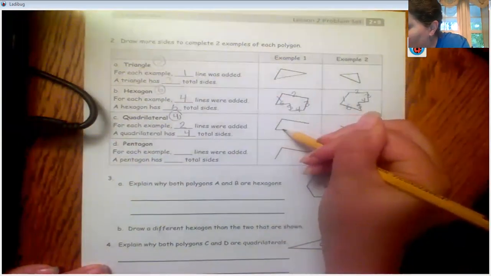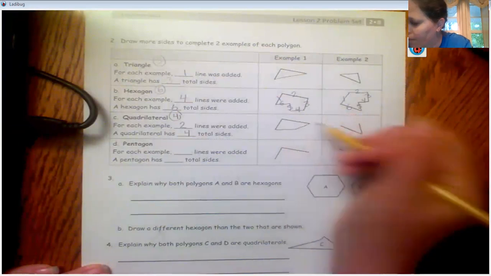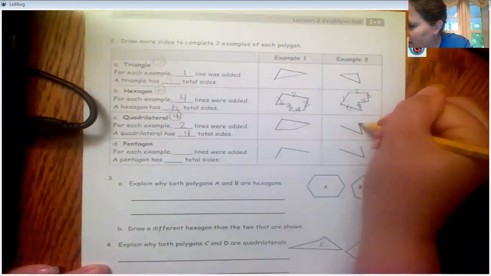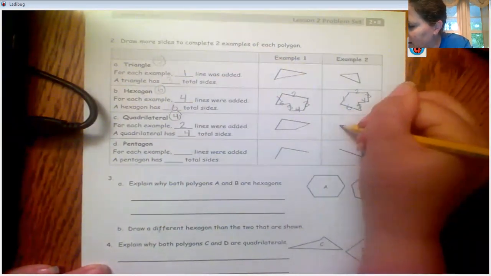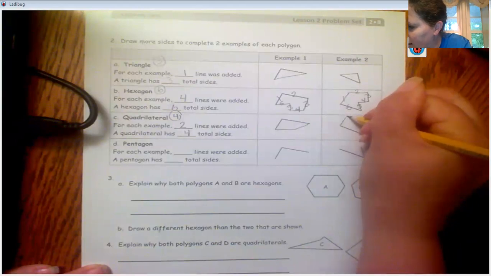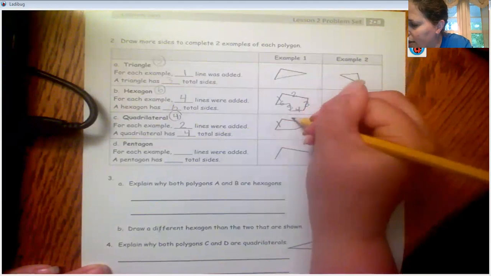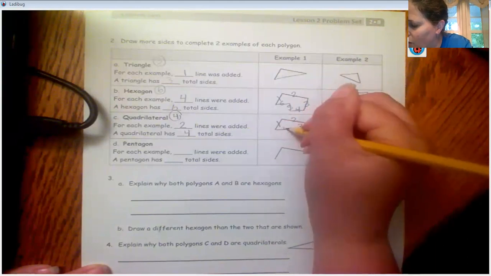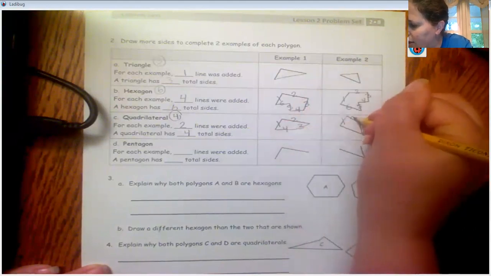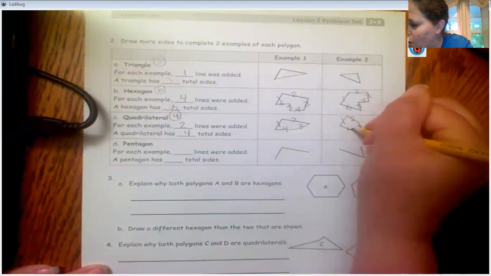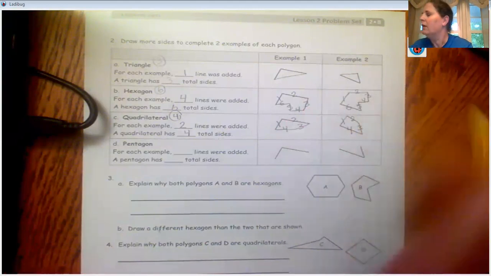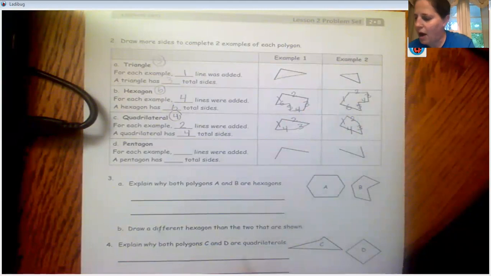So 1, 2. So now I have 1, 2, 3, 4 sides. 1, 2, 3, 4 sides.